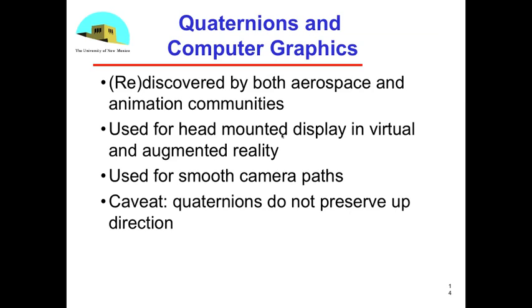The same thing happened in the animation community quite a while ago because they were trying to get smooth rotations as a camera moved through the scene, usually a virtual camera. The same problem arises in virtual reality, and this is closer to what was done in the aerospace community, is if you have a head-mounted display or virtual reality or augmented reality, you get into exactly the same problem of what happens when your operator with a head-mounted display is rotating his head about his neck.